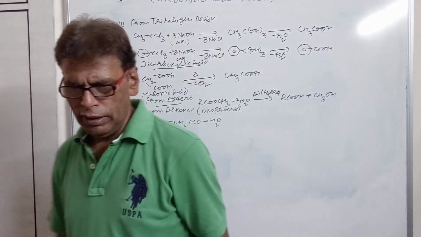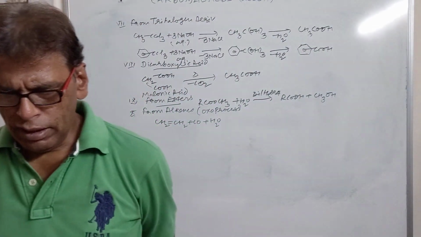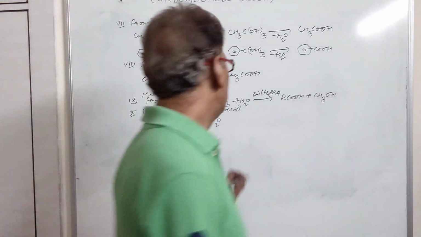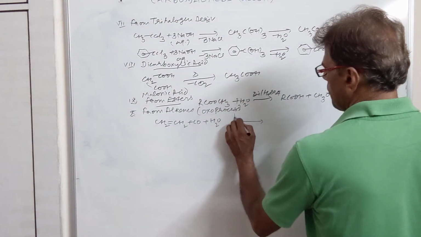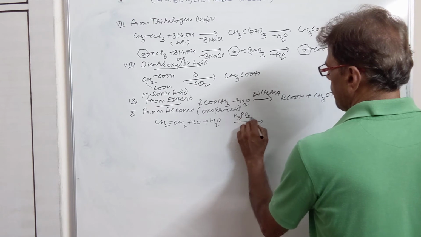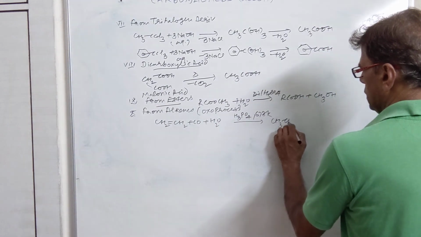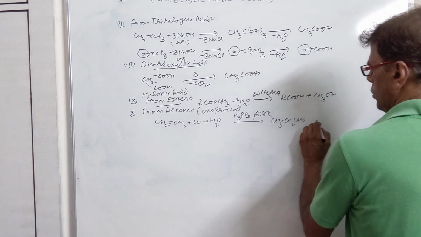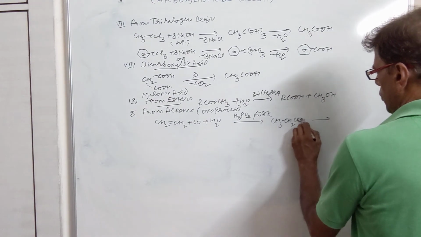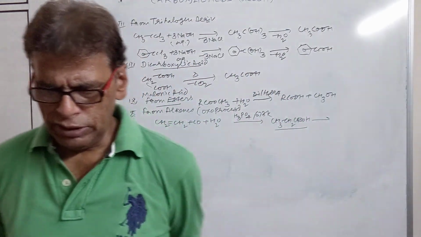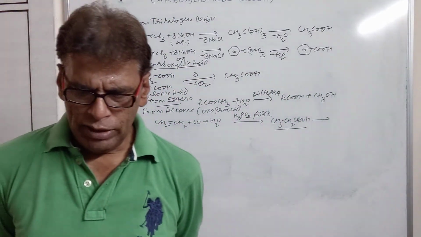When this reaction is done at high pressure in the presence of H3PO4 at 673 Kelvin, the product will be CH3CH2COOH. This is a carboxylic acid. We have propanoic acid from this method.